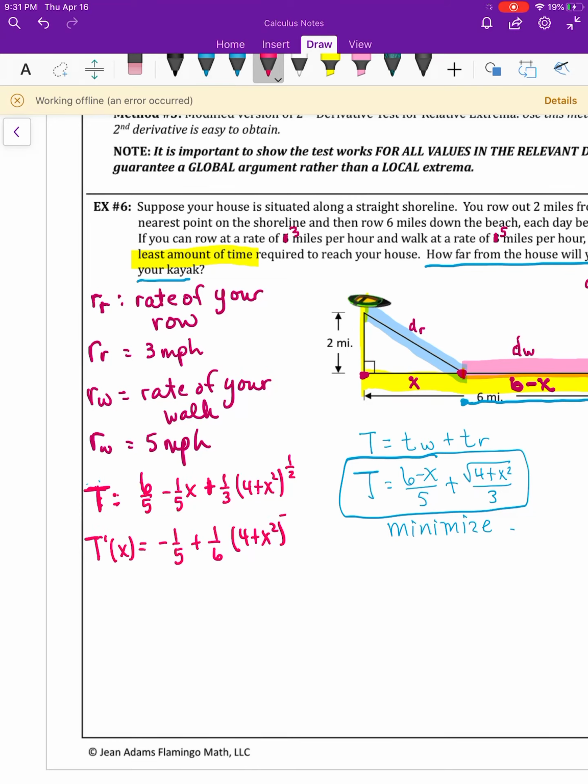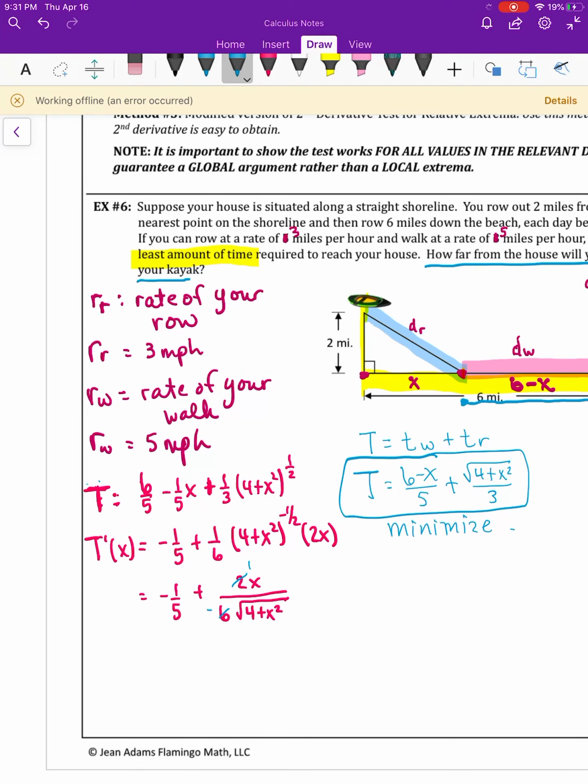The derivative of 6/5 is 0. The derivative of negative 1/5 x is negative 1/5. I'm going to bring the 1/2 down times the 1/3, giving me 1/6 times 4 plus x squared to the negative 1/2 times the derivative of 4 plus x squared.